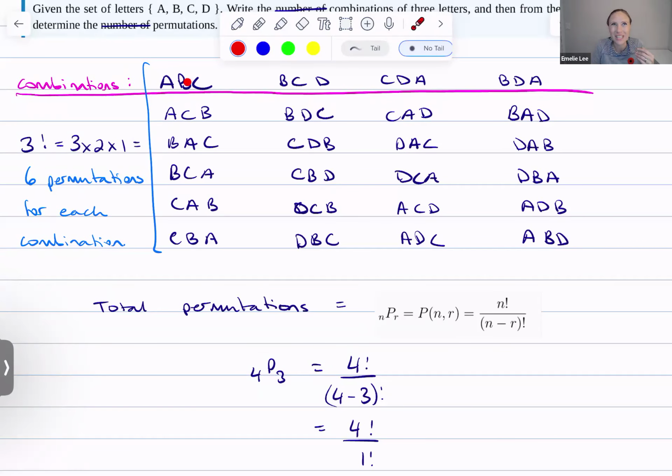So it's kind of a subgroup of the first one. Notice we have 24 divided by 6, which is 4 combinations.